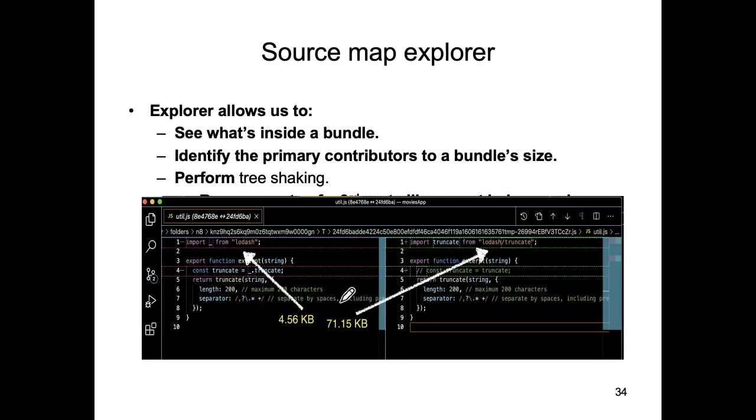So the message is, when you're using third-party libraries like Lodash, and you are interested in code splitting, you should check to see, does the library support this notion of tree shaking? And if it does, then you can import particular parts of the library in your source code rather than importing the entire library. That's the message.